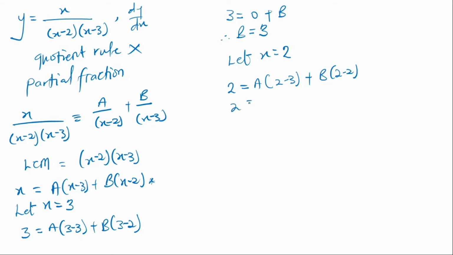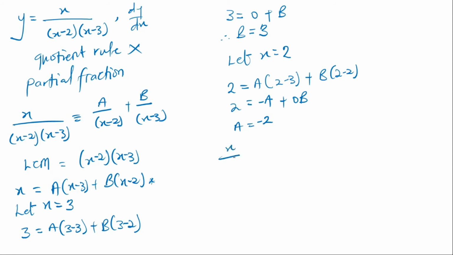So we have 2 is equal to 2 minus 3 is negative 1 multiplied by A, so we get negative A then plus 0B. This is still 0. So it means our A is equal to negative 2.